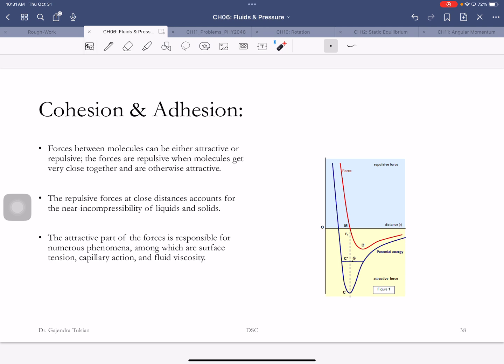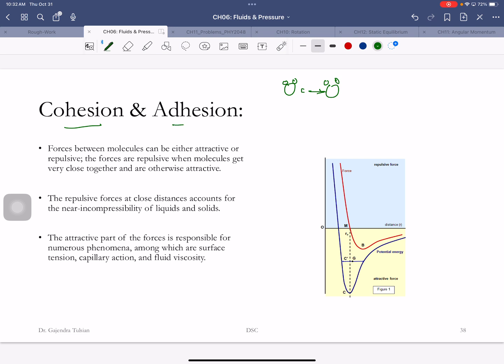I'm going to explain these two terms and show you one graph, and then we'll be done. I got to tell you two things. So cohesion is the attractive force between two similar molecules.